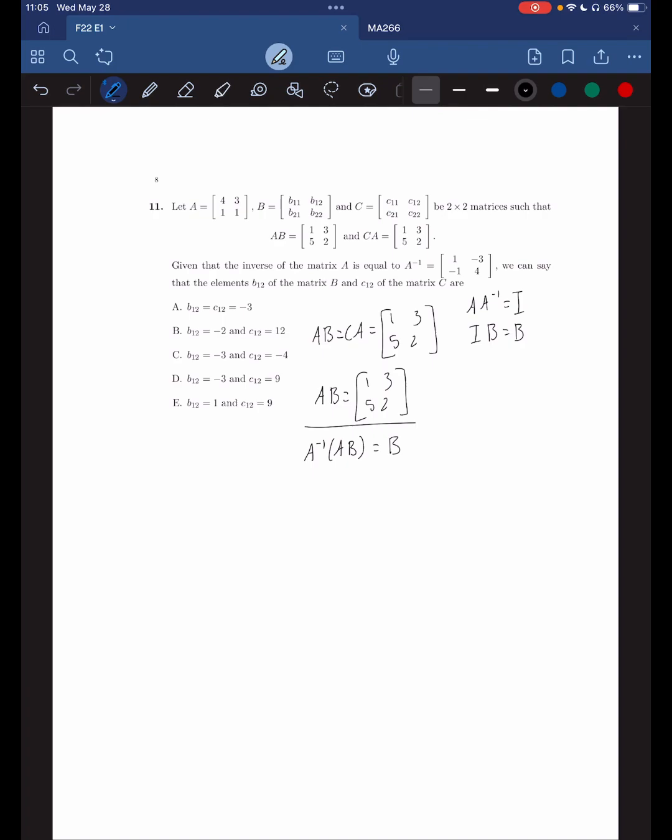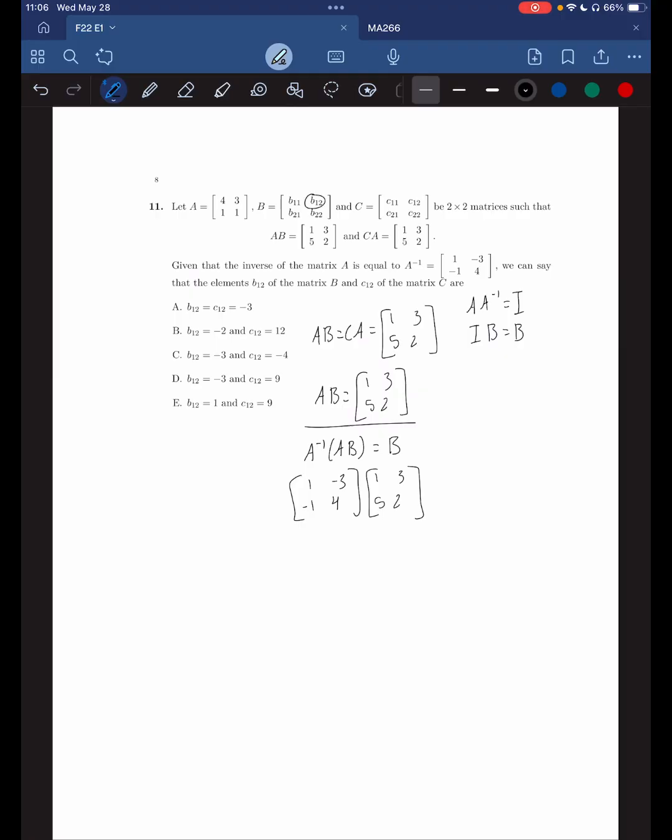We know what AB is. We know what A inverse is. 1, minus 3, negative 1, 4 times AB, which is 1, 3, 5, 2. Now, we want to find B12.